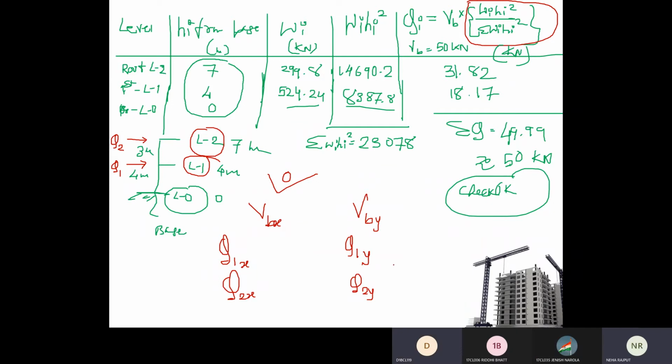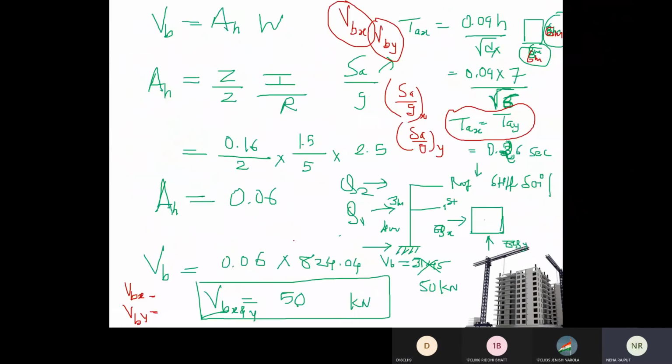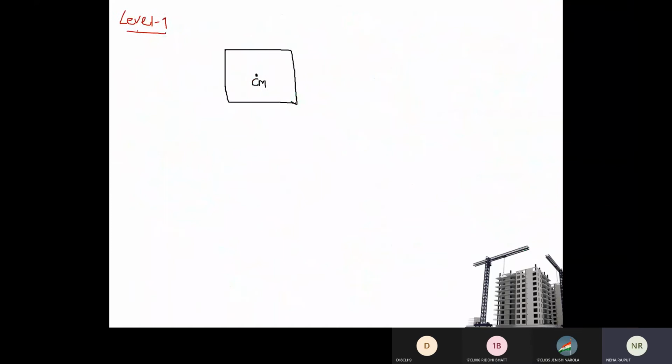Yes, ma'am. Right. But here, as both values are same, for this level 1 floor, as our VBX and VBY both are same, the meaning is that Q1X and Q1Y both are same, and this Q1X and Q1Y is the lateral force acting on that particular floor, and that particular force is acting at the center of mass of that floor itself.